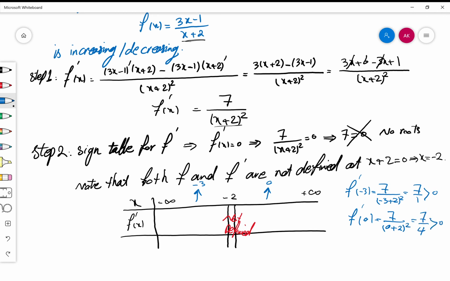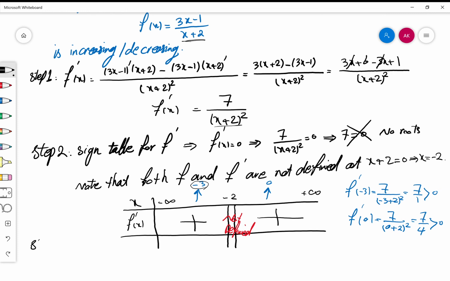Again, it is a positive number. What we found is that on this interval, the value of f prime at the test value is positive, so it will be positive all over that interval, and the same goes for this one.